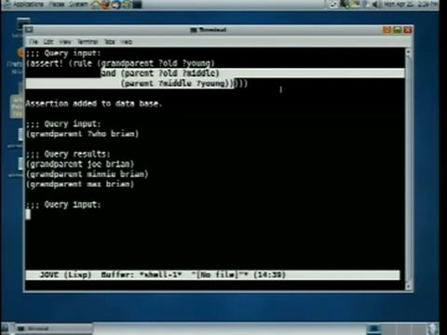Now we look and we find another assertion in the database that says parent, mini, Tessa. Okay, fine. Old is mini, middle is Tessa.